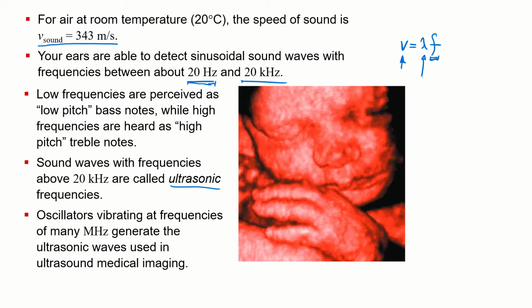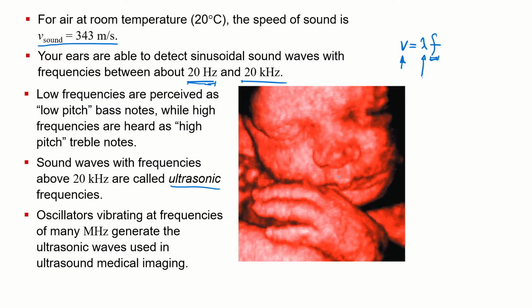With these ultrasonic frequencies, we essentially are throwing these waves at things we're interested in in the body, measuring how those waves bounce off, and the wavelength limits the precision or the detail we can see in those images. So if we use ultrasonic frequencies beyond what humans can hear, we actually get more accurate and more detailed images.